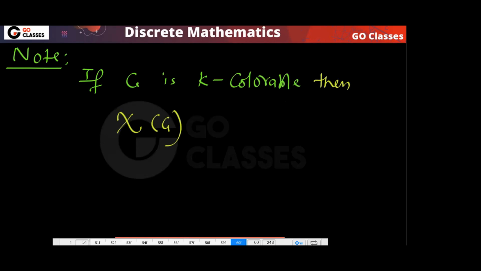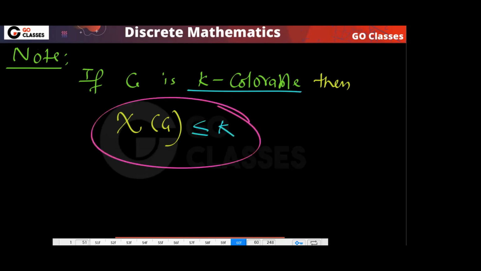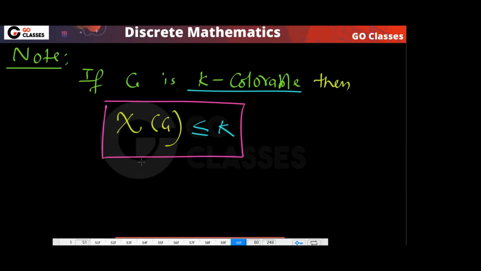Chromatic number means the minimum number of colors you need. You already know it is k-colorable, so at most k colors you need. Yes or no? If you already know the graph is k-colorable, it means the chromatic number will be less than or equal to k.